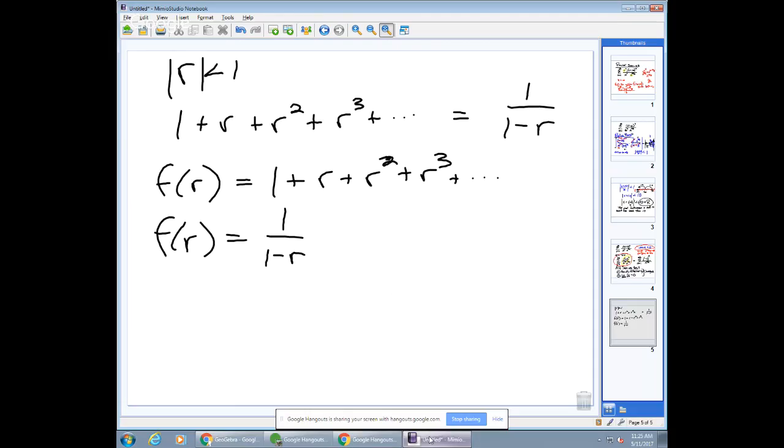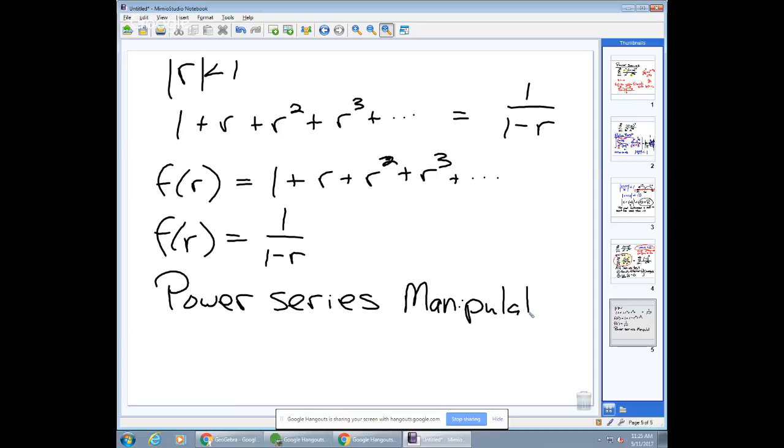So as far as playing with power series go, you can do substitutions on power series. So the kinds of ways we're going to manipulate power series are doing substitutions.